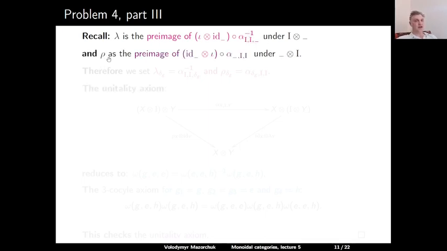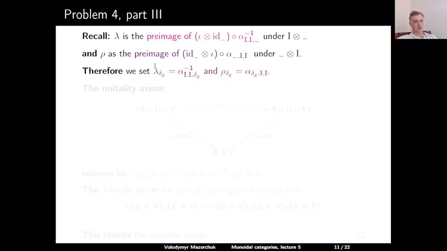And the right unitor rho is defined as a preimage under the right tensoring with the identity object of the morphism identity tensor I after the associator of something, the identity, the identity.